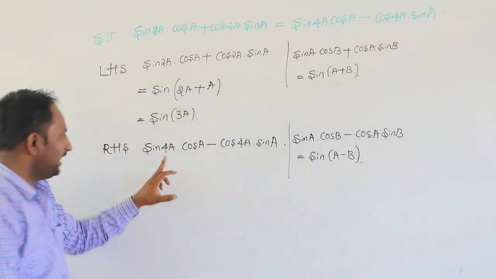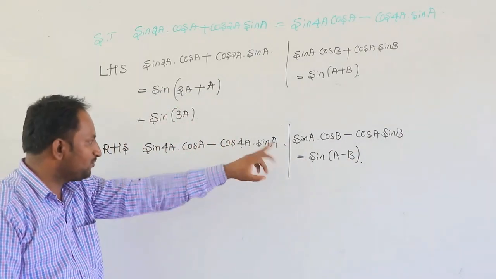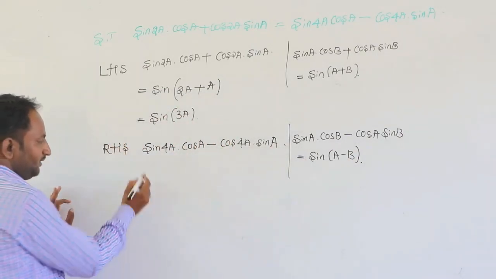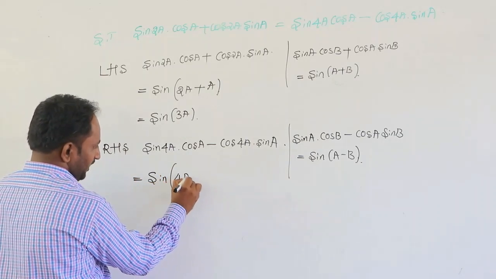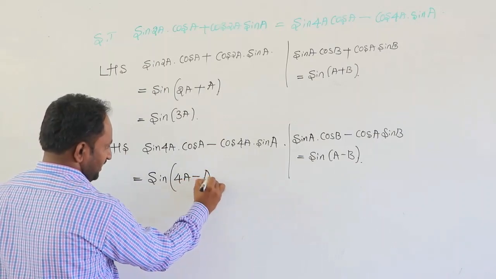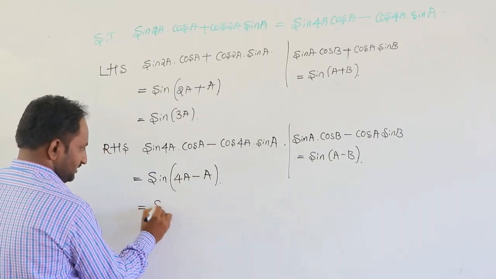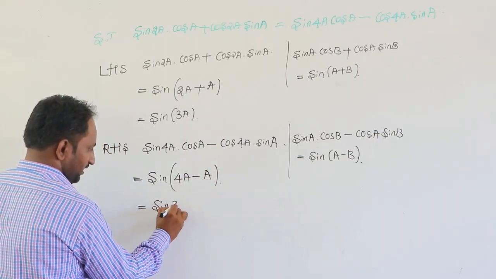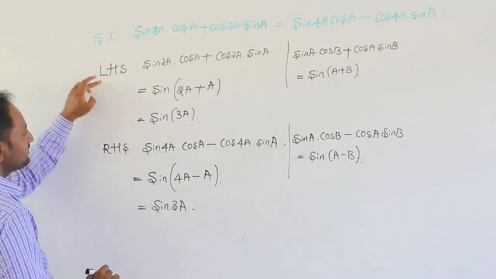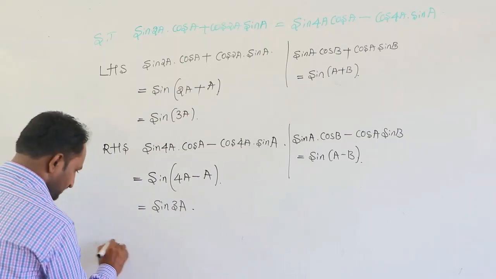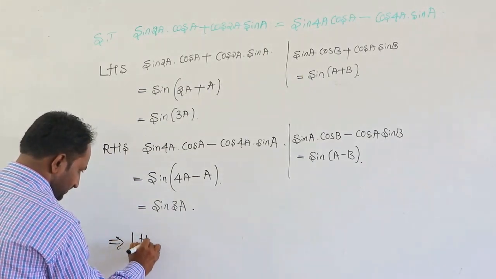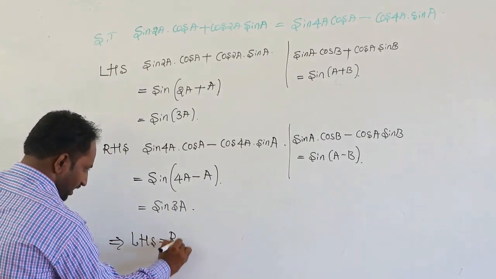In place of a, 4a is there. In place of b, a is there. Here sin of 4a minus a is sin of 3a. Here the LHS value is sin of 3a, the RHS value is sin of 3a. That implies LHS is equal to RHS.